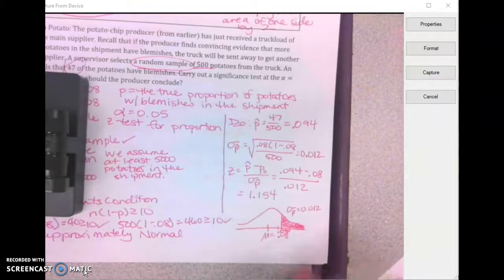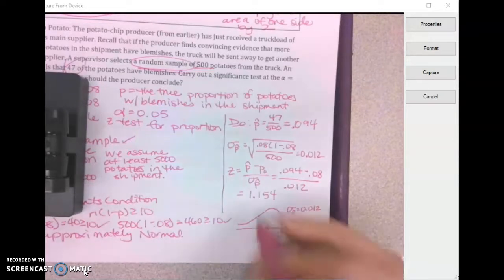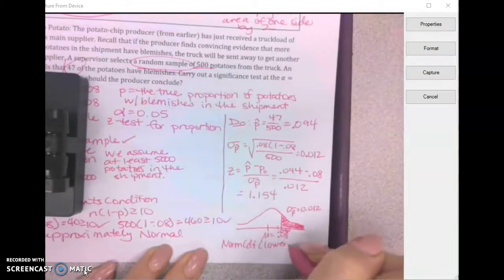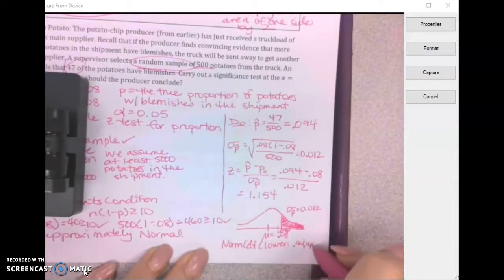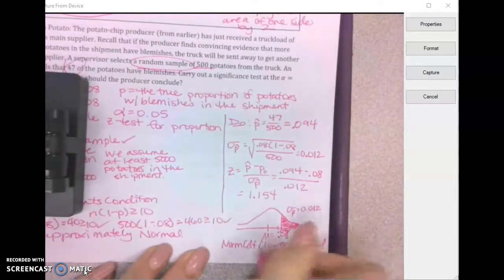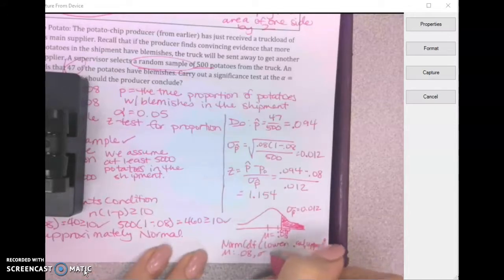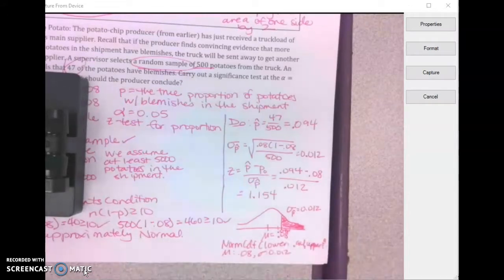So you can do your normal CDF, you can use inverse z as well. But if you do your lower bound as 0.094, your upper you can make 1,000 or 10,000. Mu to be 0.08, and our standard deviation, the 0.012.